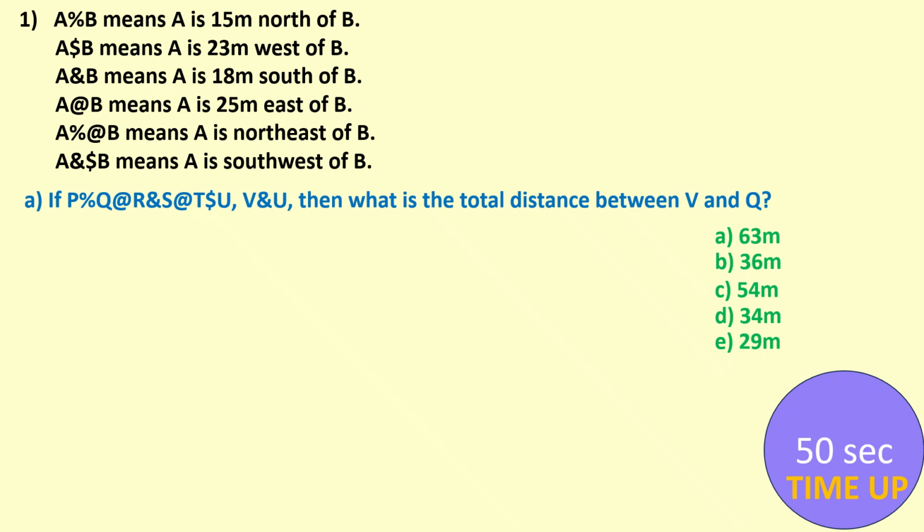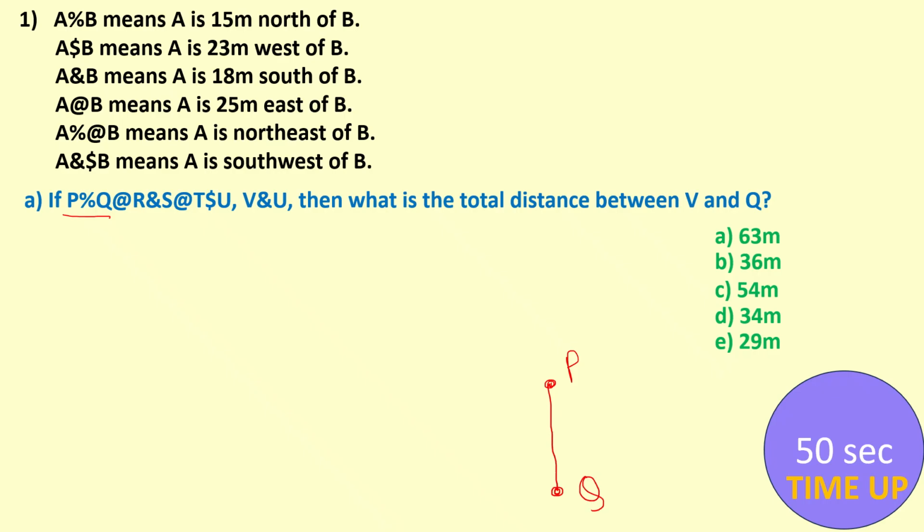So now P% Q means what? P% Q means P is to the north of Q. So I draw P here and your Q will be here.